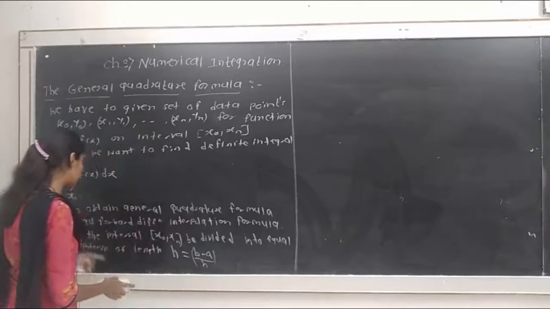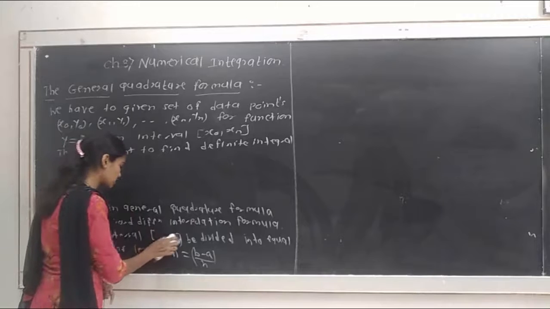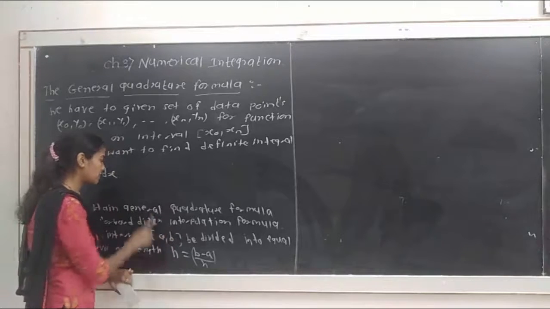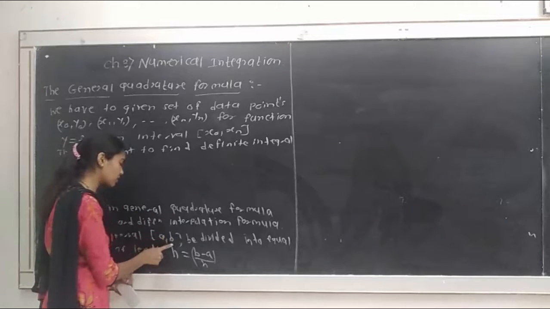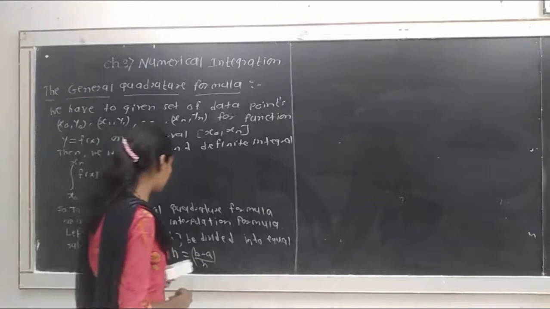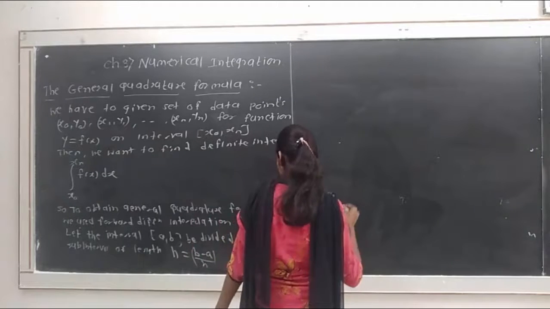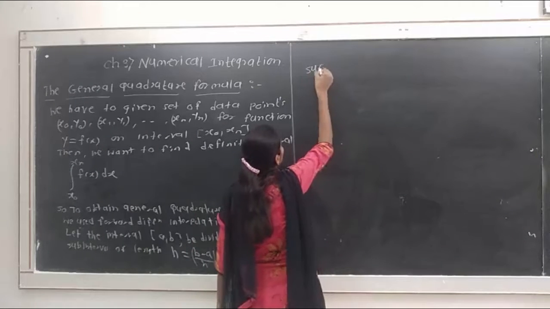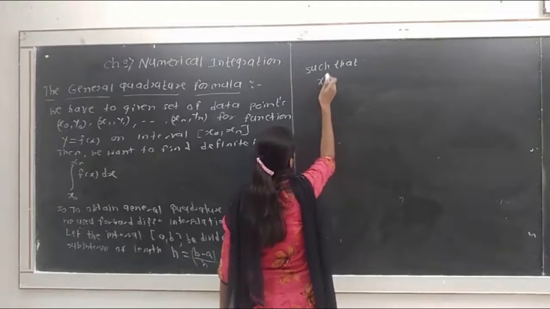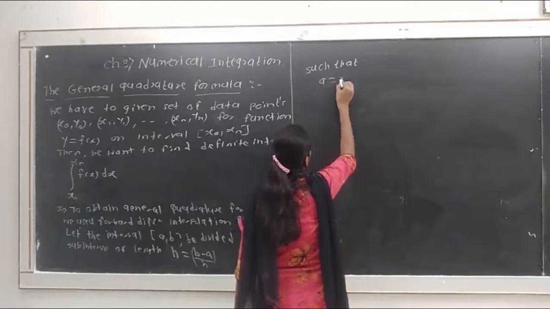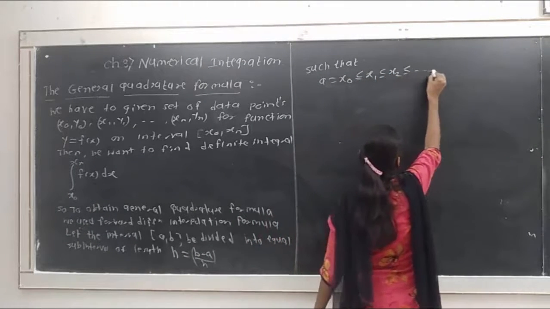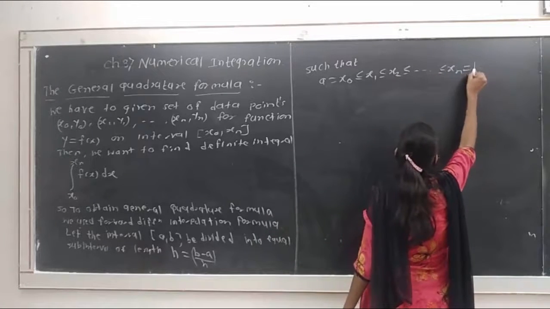We consider the interval to be the closed interval a, b, that is, x0 is equal to a, xn is equal to b, h is equal to b minus a divided by n, subintervals of length b minus a divided by n, such that a is equal to x0 less than or equal to x1 less than or equal to x2 less than or equal to up to xn is equal to b.